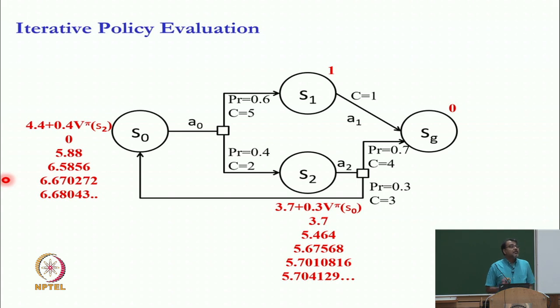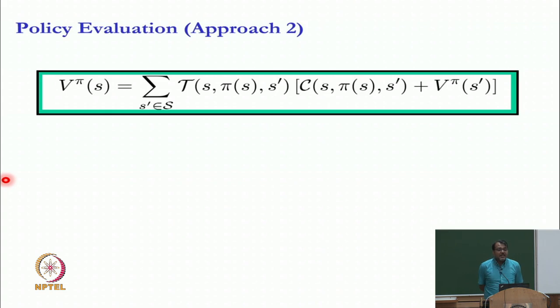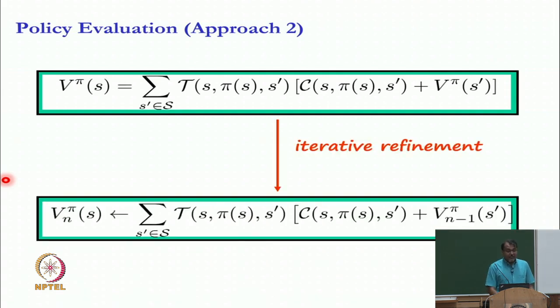This algorithm is going to be called iterative policy evaluation. It basically says that if I want to compute the system of equations given in this box, I will randomly initialize them and approximate them by V pi of 0.